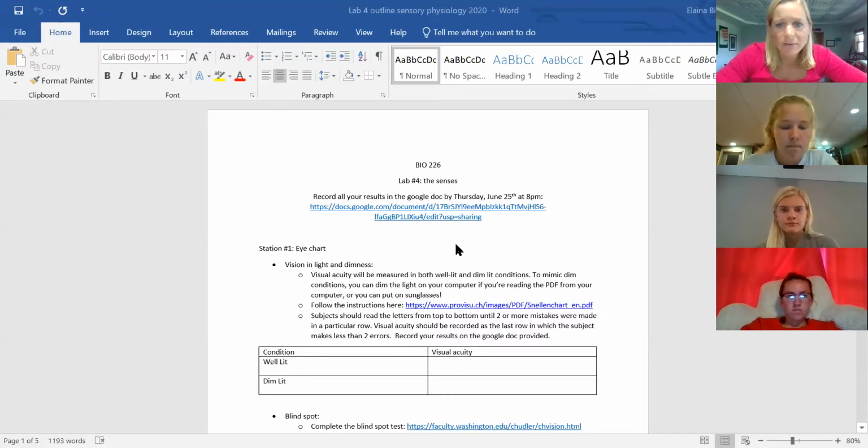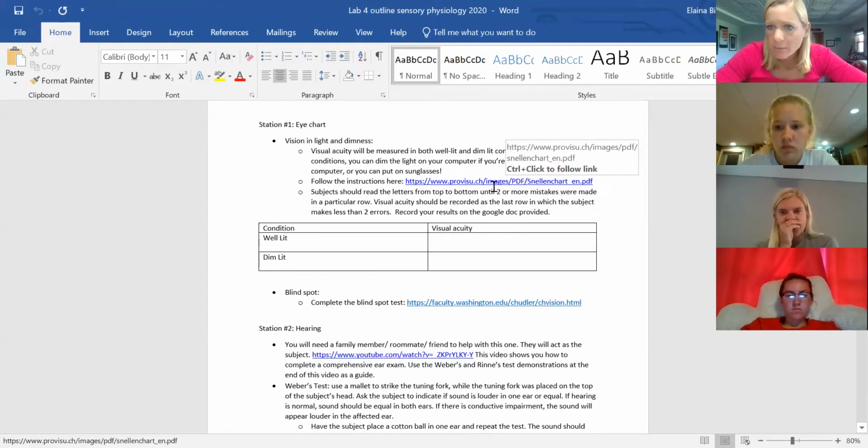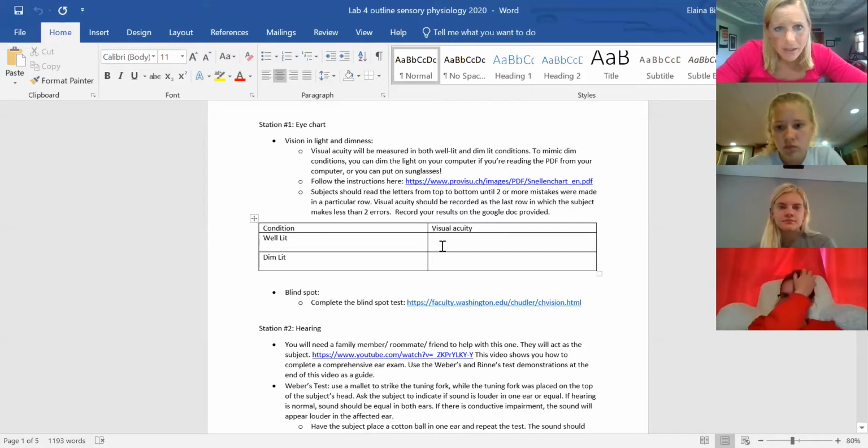The vision stuff you can do without your package, so you could do those anytime. Basically you're going to measure your vision, following the directions on this PDF link here. You can see my screen, right? The Word document, okay. You're going to use well lit conditions and then also dim. So you can either dim your computer, or put sunglasses on or something like that to make it darker, so that you can do that for the visual acuity.